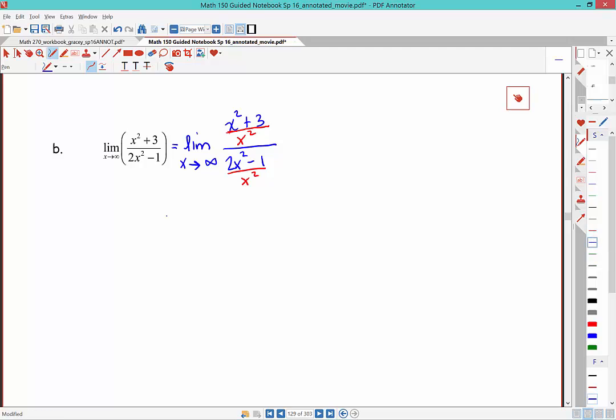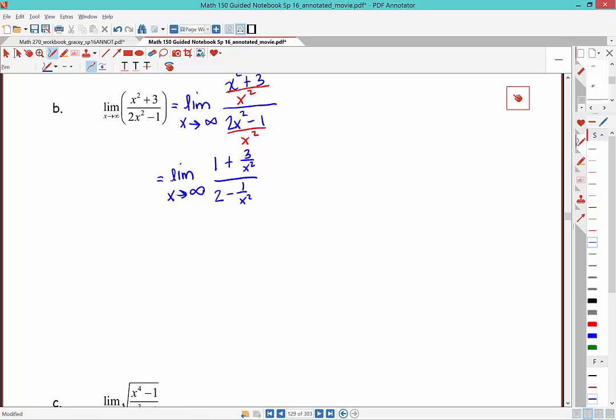And so this will give us the limit as x approaches infinity of, now remember the x squared is going to divide through both terms. So in the numerator, we're going to have 1 plus 3 over x squared divided by 2 minus 1 over x squared.